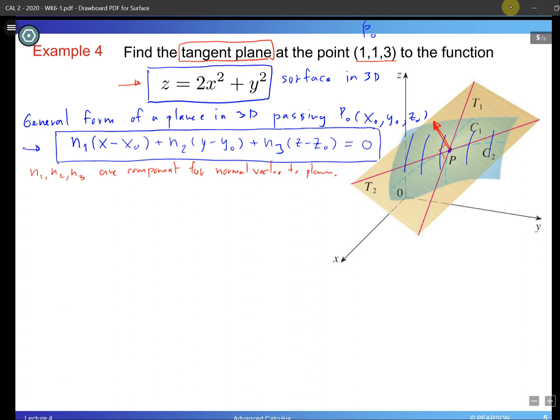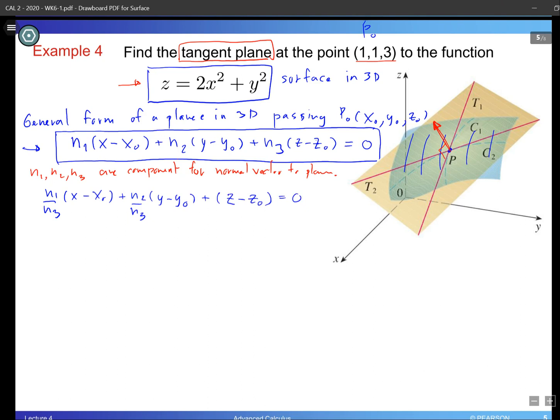So it's going to be n1 divided by n3, x minus x0, and plus n2 divided by n3, y minus y0. Okay, and last one, n3 divided by n3, it's going to go to 1, right? So in the end I have this z minus z0, okay, equal to 0. This is what I have at this moment.